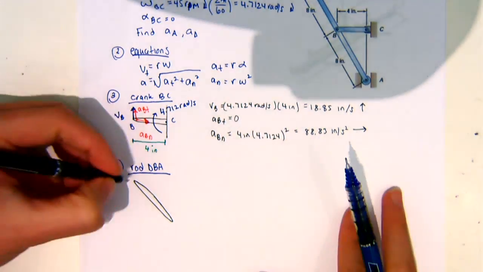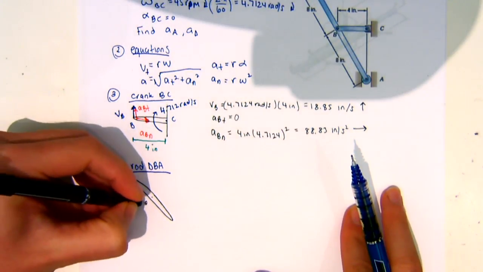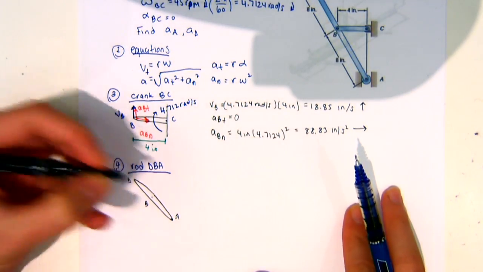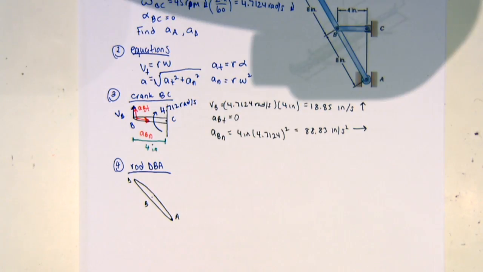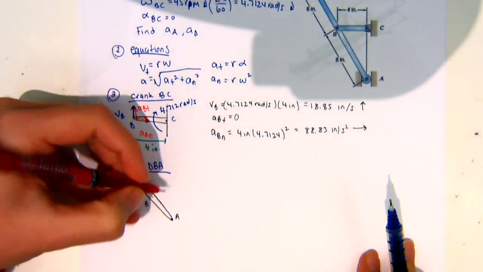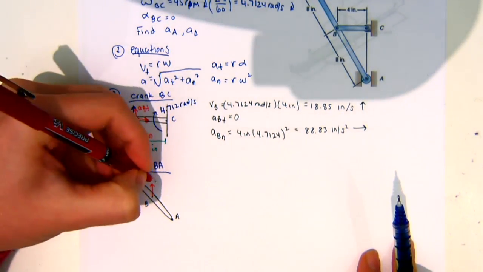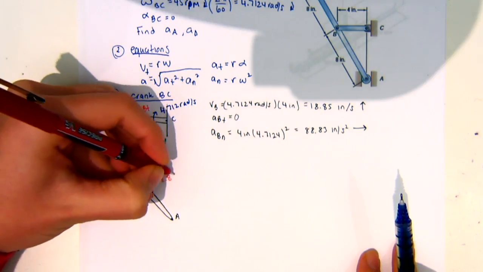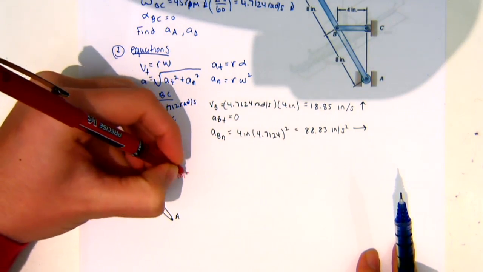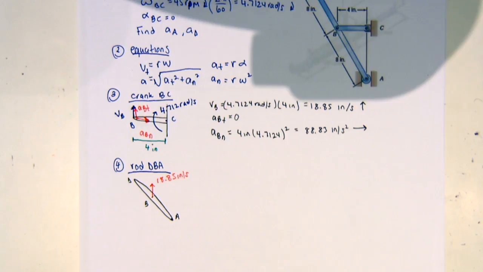So this is point D. I have point B, then I have point A. So we already found the velocity of point B. We know that this point is going up 18.85 inches per second. And to keep the diagram simple, I'm just gonna put velocities on this one, and then I'll draw an acceleration one next.